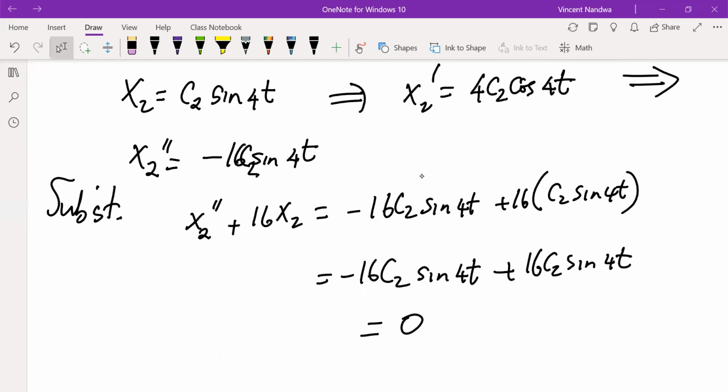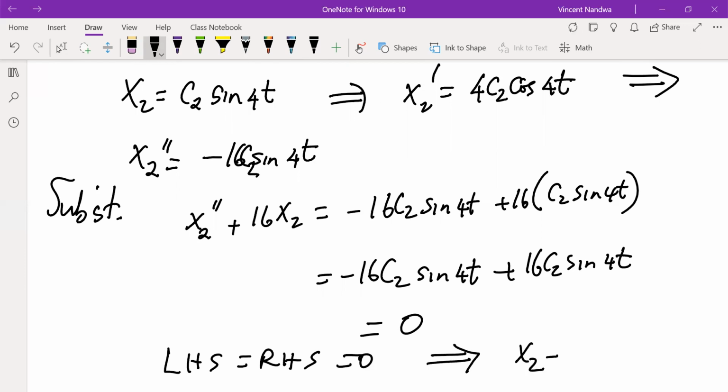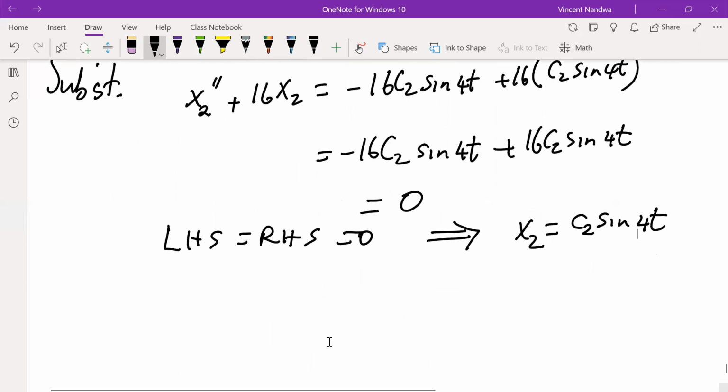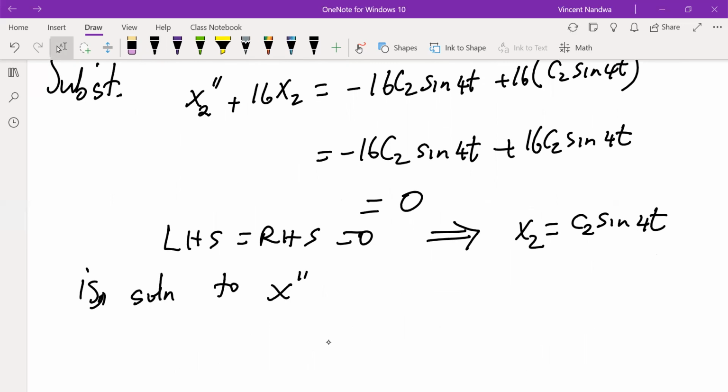And clearly this will be 0. Now left-hand side equals right-hand side equals 0. So this means x2 equals c2 sine 4t is a solution to this differential equation.